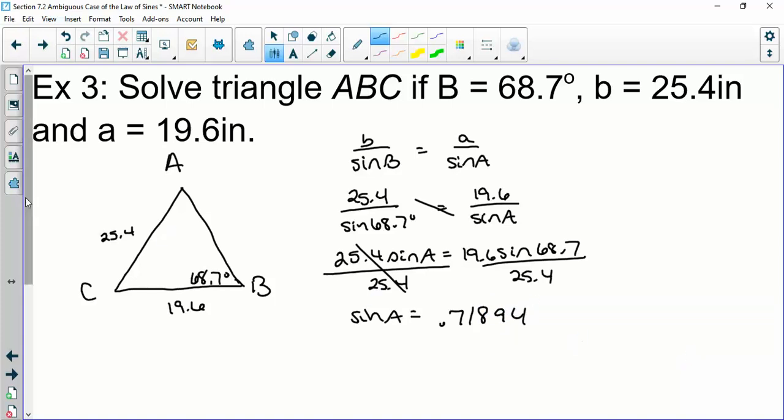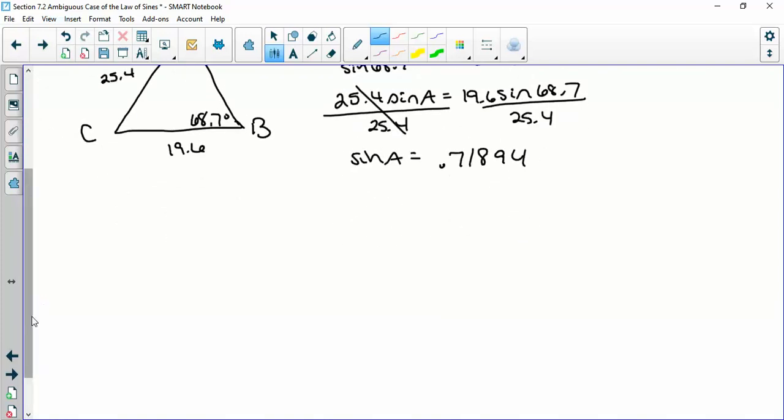So did you get sine of angle A to equal 0.71894? Do we have a triangle this time? Yes. We know, since it's positive, there are actually two, right? You could be in quadrant 1 or 2. Reference angle, how do you get it? Sine inverse.